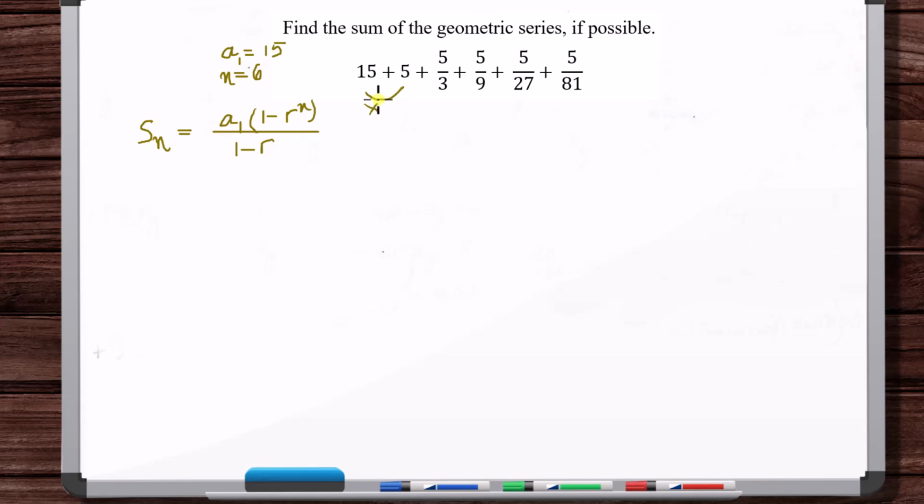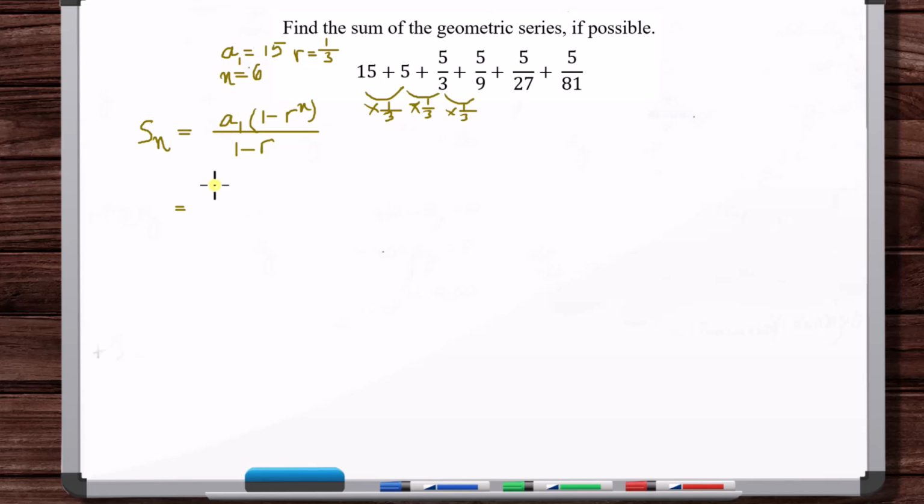So 15 to 5, you're multiplying by 1/3. 5 to 5/3, you're multiplying by 1/3. 5/3 to 5/9, you're multiplying by 1/3. So r is equal to 1/3.